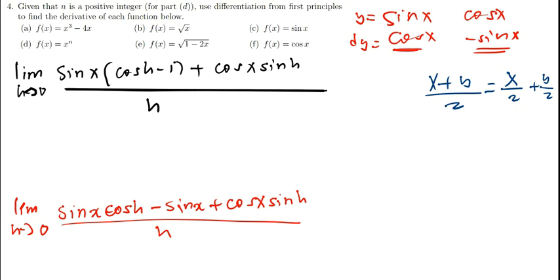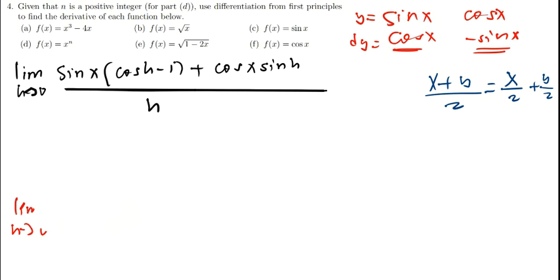So I'm going to isolate this in such a way that I distribute the limit to both sides.